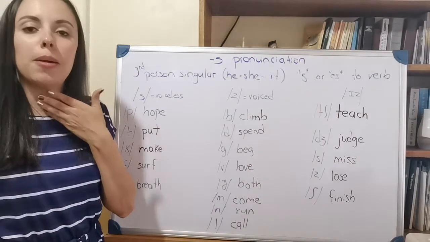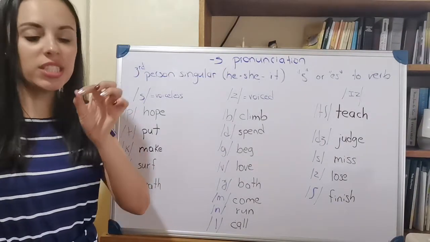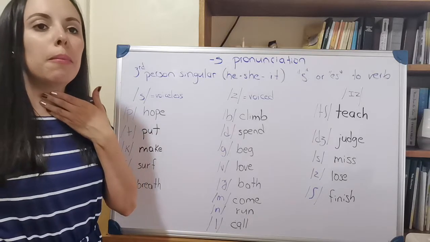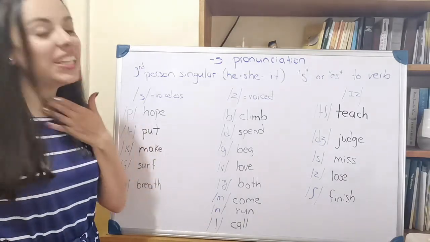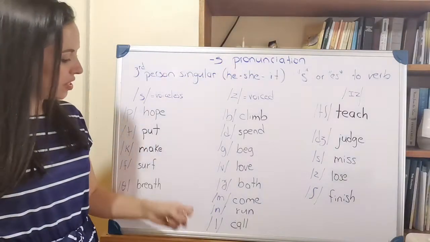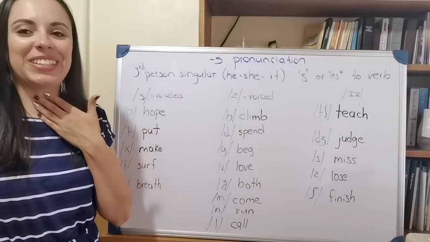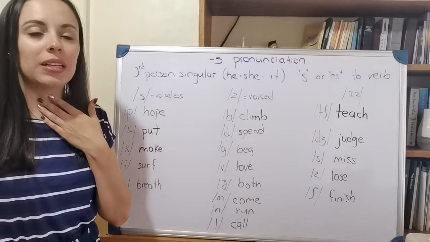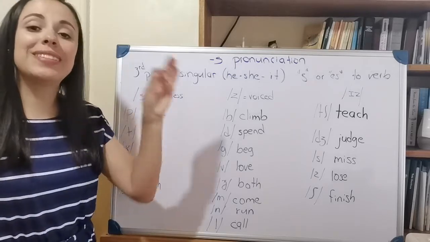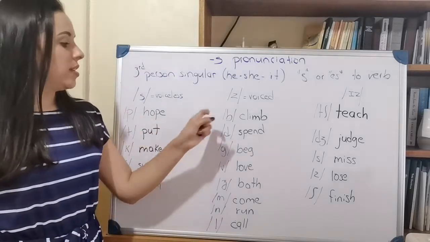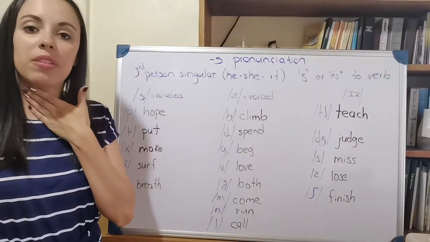The M sound, see that I'm not adding a vowel, it's just the sound, only the sound. N, the N, right? It's also voiced, and L. Okay, that's difficult to produce. Only the sound, and you feel vibration. Okay, so that's the second category. Sounds that produce vibration when you are producing them.